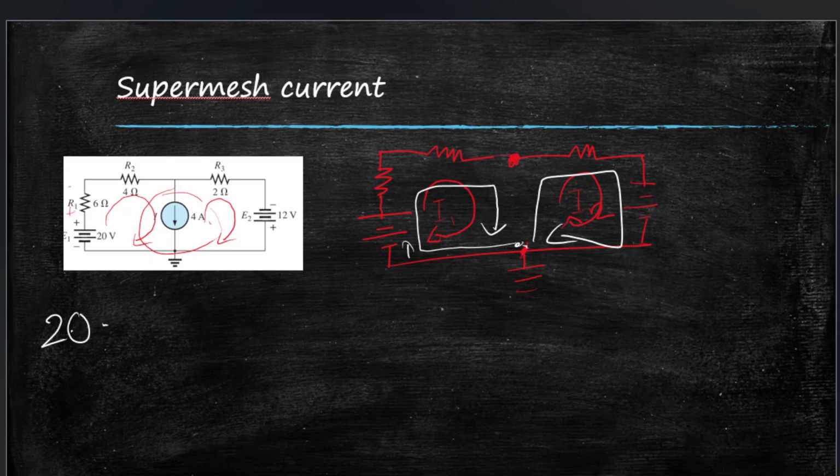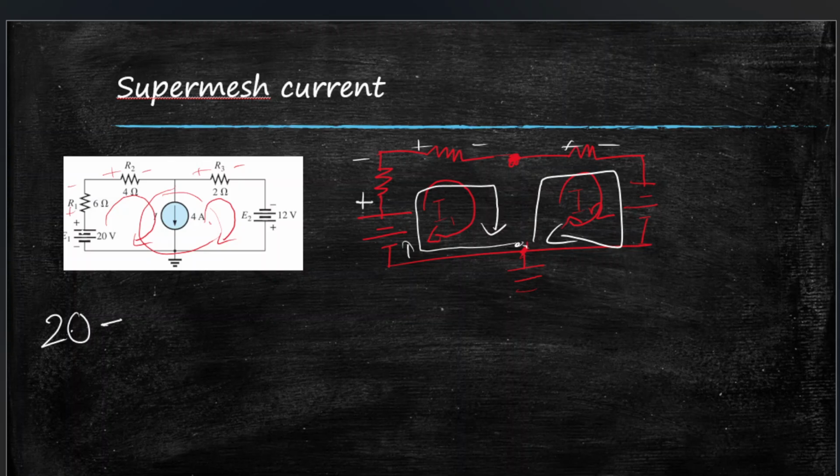I'll just put plus minus, plus minus, plus minus. So now after 20 I'll put a minus because the loop current is entering the positive side, right? Plus minus, plus minus. Yeah, so entering the positive side.